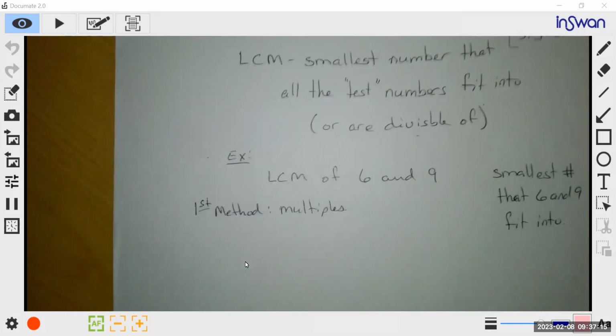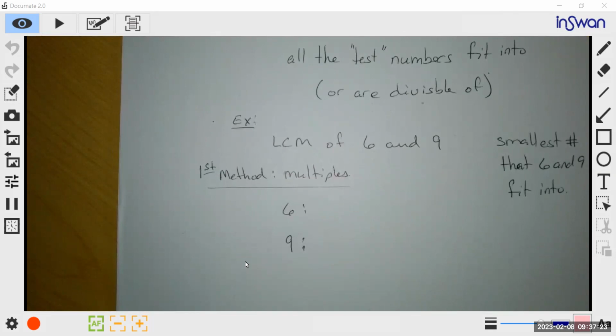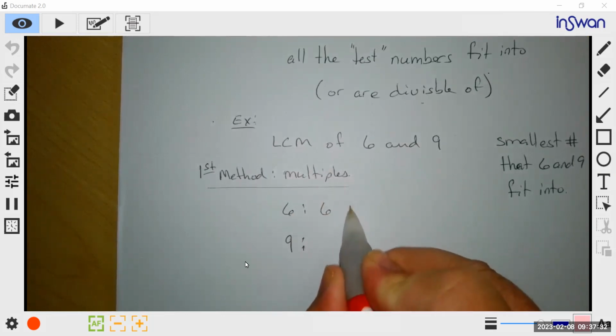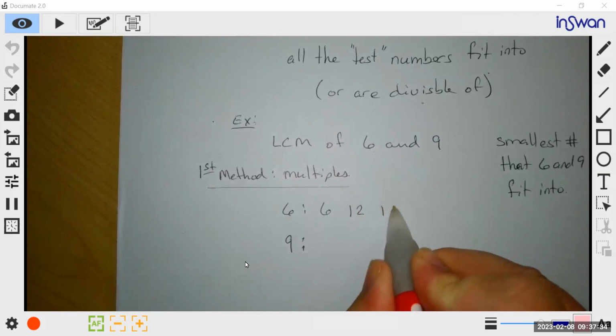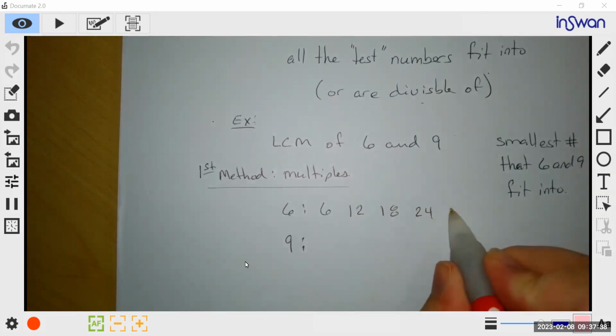Are the multiples. So we have 6 and 9. So 6 times 1 is 6, 6 times 2 is 12, 6 times 3 is 18, 6 times 4 is 24, 6 times 5 is 30.